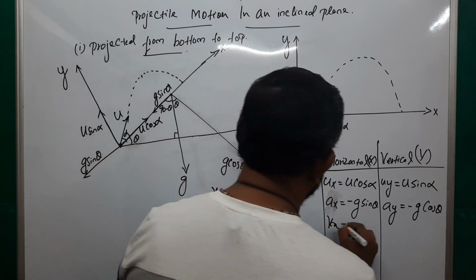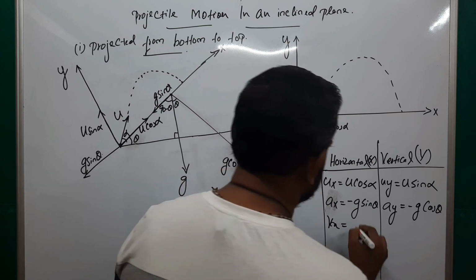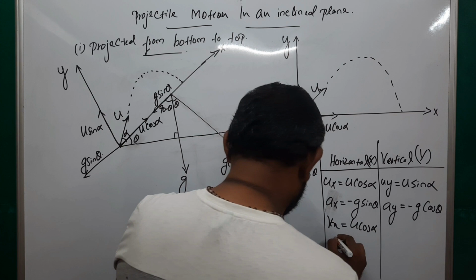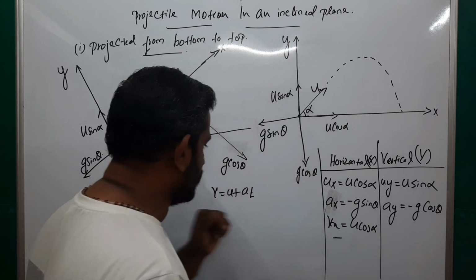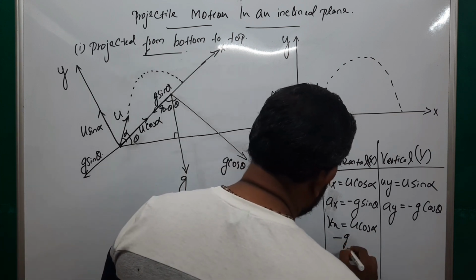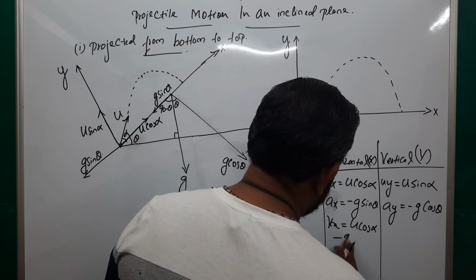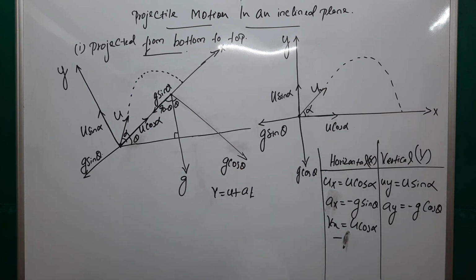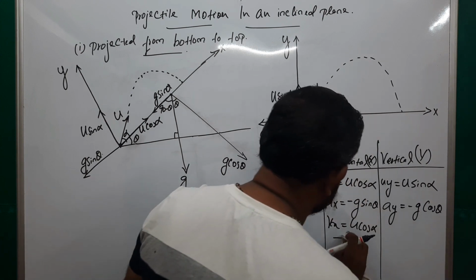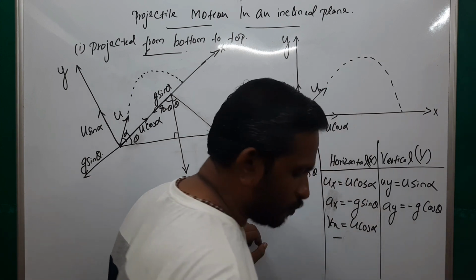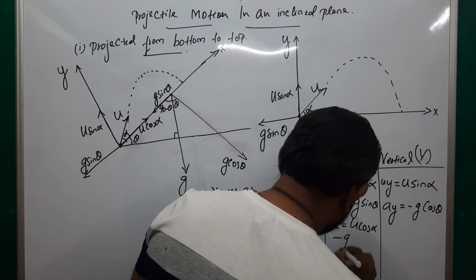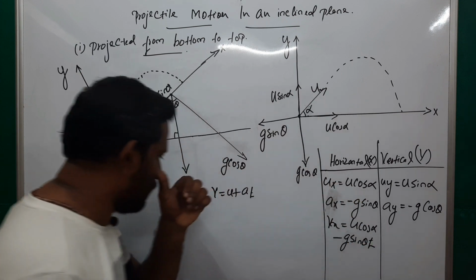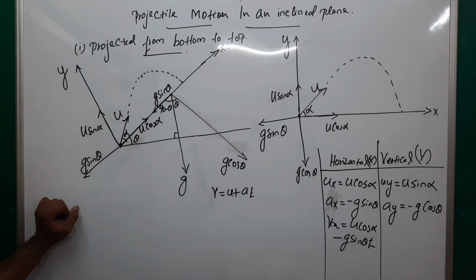So we can write u as u cos alpha, minus, here acceleration is negative. What is the acceleration? Acceleration is constant throughout the motion. So minus g sin theta into t.